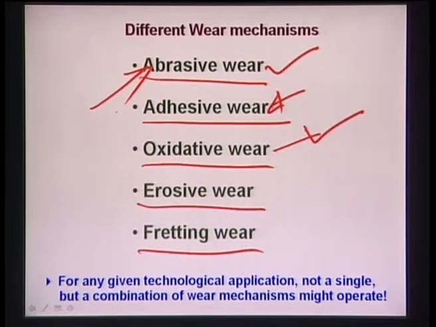That means there will always be some dominant contribution of a particular wear mechanism, in addition to minor or noticeable contribution from the other wear mechanisms. So, you cannot say that for these particular operating parameters and this particular sliding couple, only abrasive wear takes place. It is a combination of mechanisms.